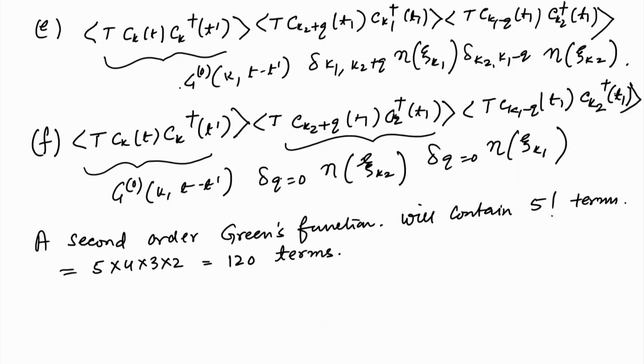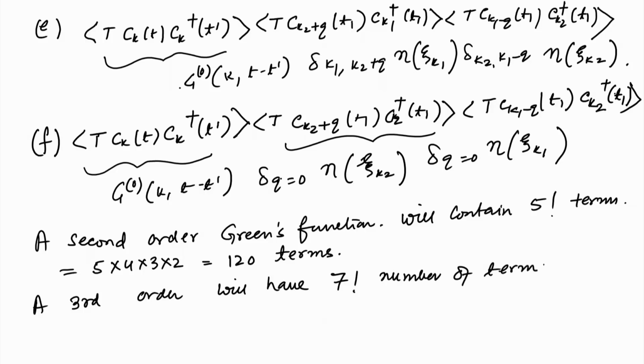And the third order you can understand that it will go as, so a third order will have 7 factorial number of terms. So, the question is how actually to compute all these terms.